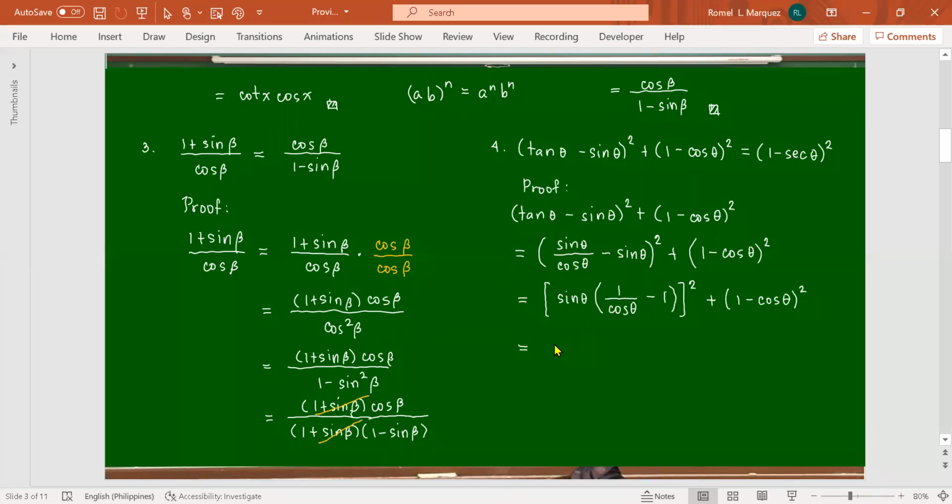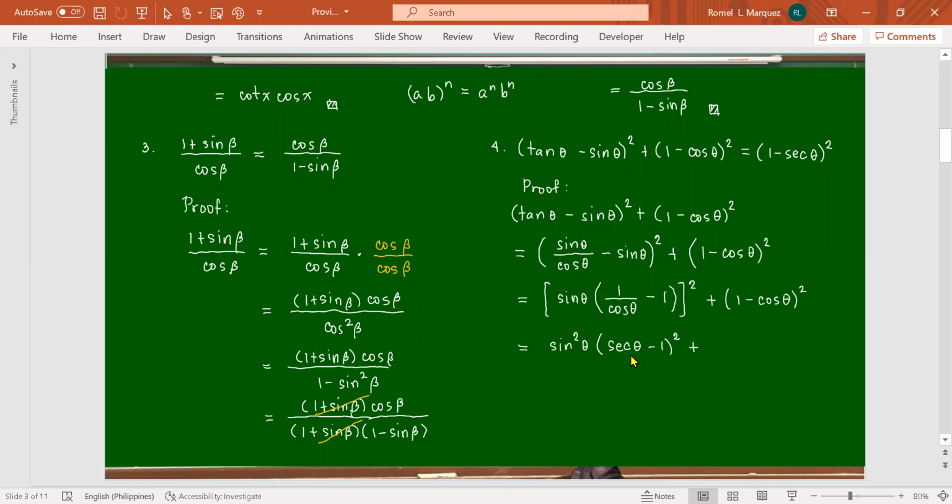So I can square sine, so we have sine squared theta multiplied by, and at the same time I'm going to apply an identity here. The reciprocal identity for 1 over cosine theta is secant theta. Then minus 1, and the exponent of this is 2 also. So I applied a to the n, b to the n, that is equal to a b quantity to the n. So I will have this right side here.